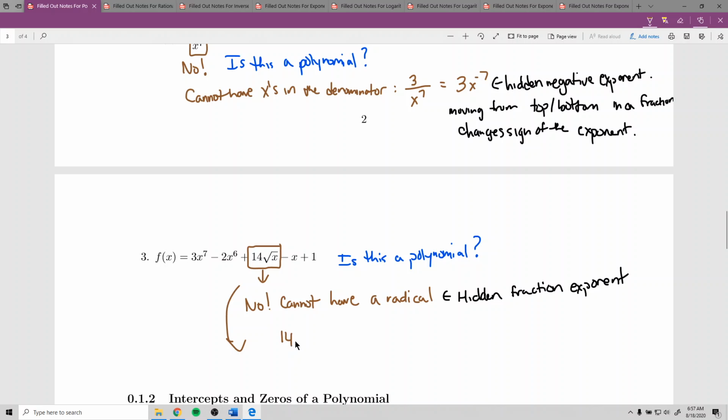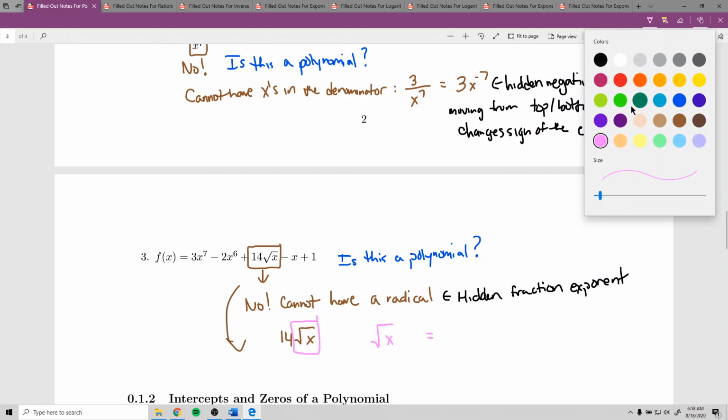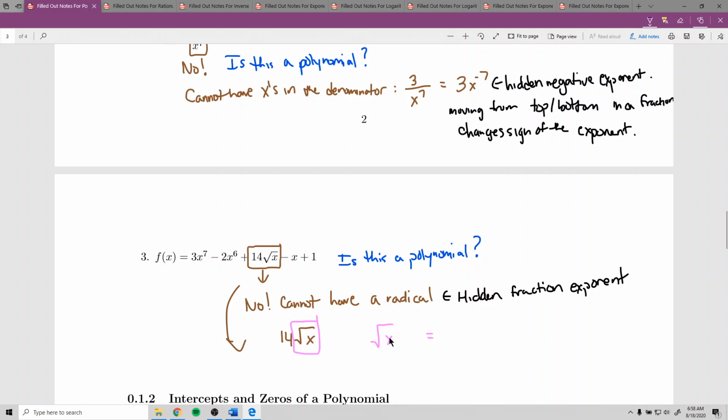So 14 times the square root of x. The 14 is not really important for explaining this, but the square root of x, right, this is the same as what? Well, really, there's an invisible 2 here, right? When we don't write a number on a radical, it's an invisible 2.